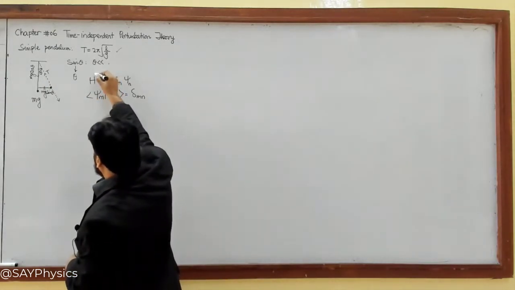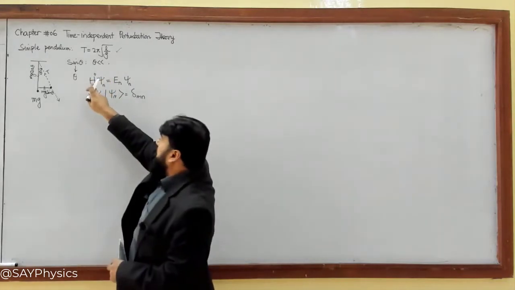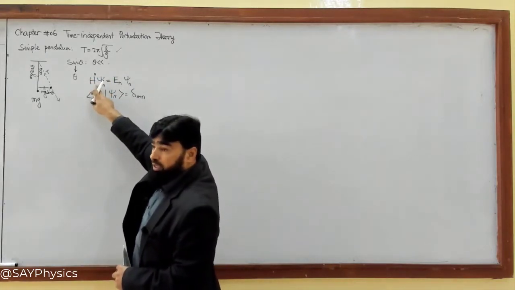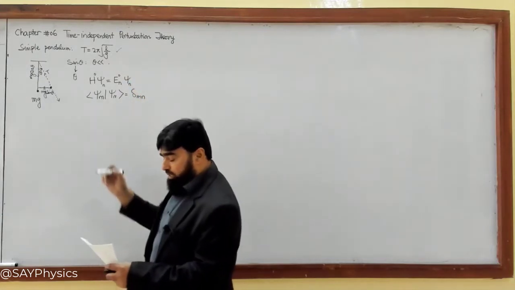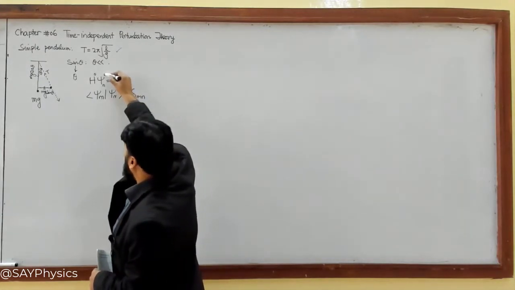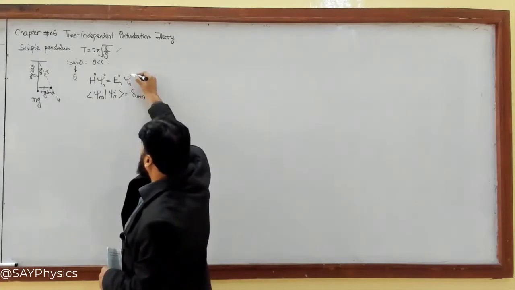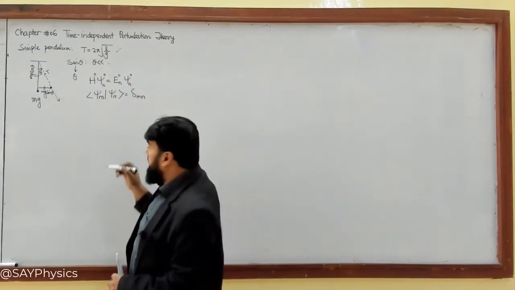So I put a subscript 0 on the unperturbed one, and this will give you En0, and here I will put 0 as well, as these are the unperturbed wave functions.